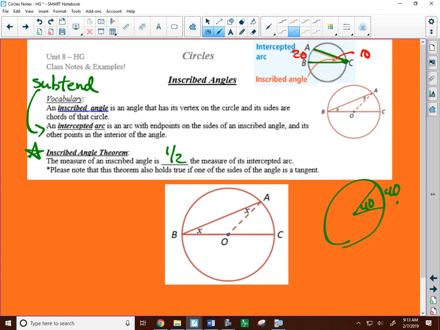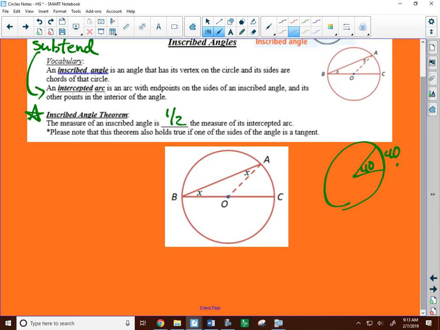Now, one other note, let me draw this. If I have a circle and one chord, but instead of the other side of my inscribed angle being a chord, I have a tangent, you can also use the inscribed angle theorem.